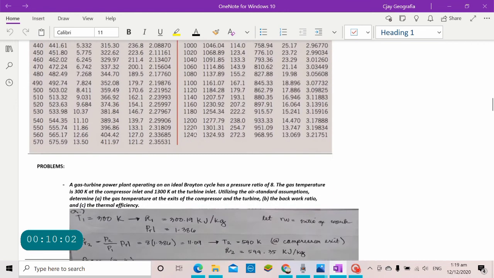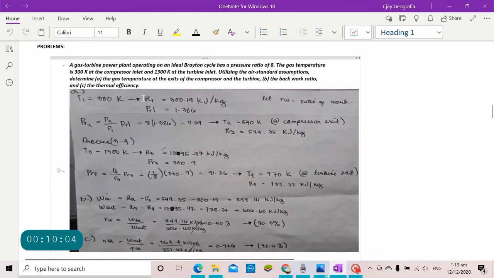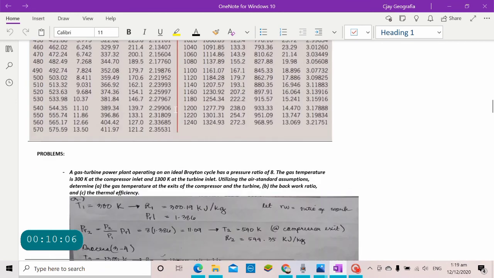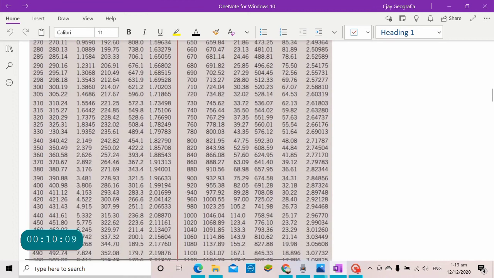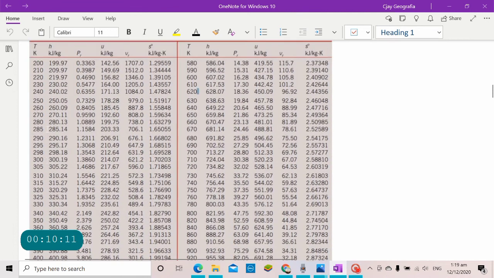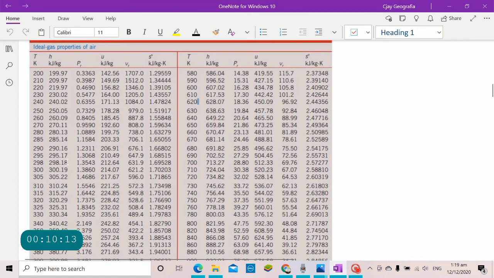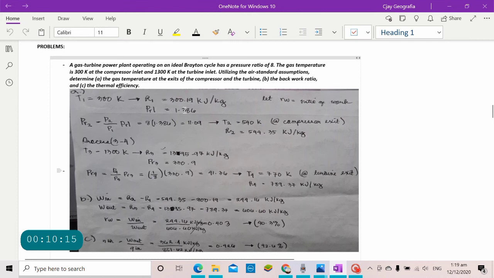According to this table, for T1 equal to 300 K, H1 is equal to 300.19 kJ/kg. Let the back work ratio be the ratio of work, for letter B.